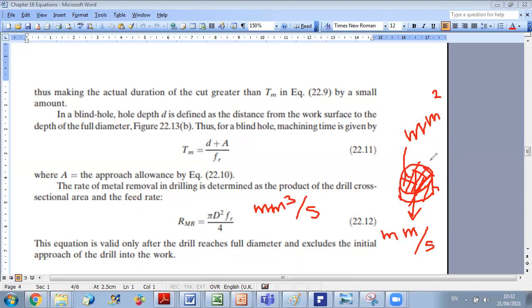Okay, so this is why we can define simply the removal rate in drilling by the cross-sectional area of the drill times FR. Okay, the feed rate, which is the advancing velocity of the drill, in millimeter per second.